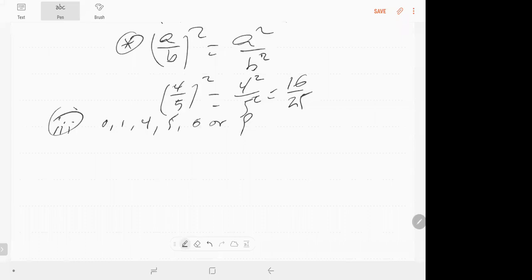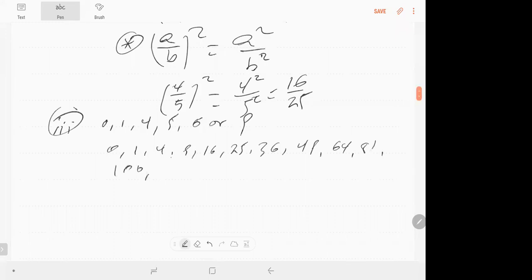Let us consider an example for this case. The first square number is 1, but we can start from 0. 0 is a square number. Then 1, 4, 9, 16, 25, 36, 49, 64, 81, 100, and so on.